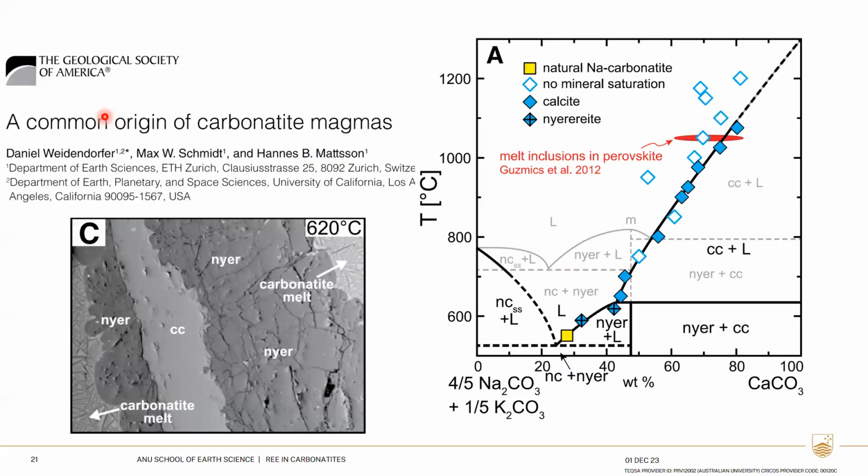No, so the problem was that up until then, the phase diagram that we thought existed was the one in gray, with a thermal divide, and people didn't understand how you can take this and fractionate it into an Oldoinyo Lengai type lava. What they did, they added a bit of things, I think it was fluorine and some other minor components, and they showed that if you do that, you get rid of the thermal divide, and then you can just fractionate all the way down here.